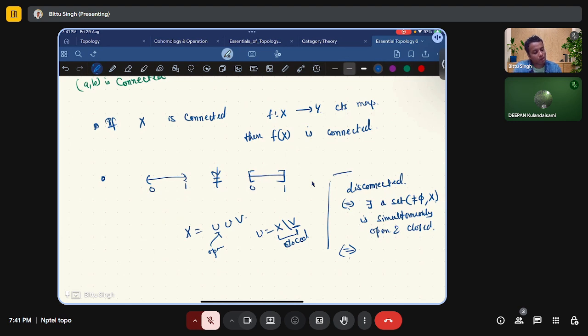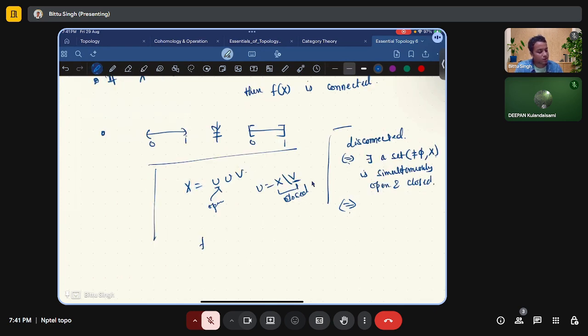And also observe that disconnected means you can always define a map like this. Define a map from X to R. Define f on any element of U equal to 0, f on any element of V equal to 1. So this map becomes continuous, right? Why? Because f inverse of any open set is open.